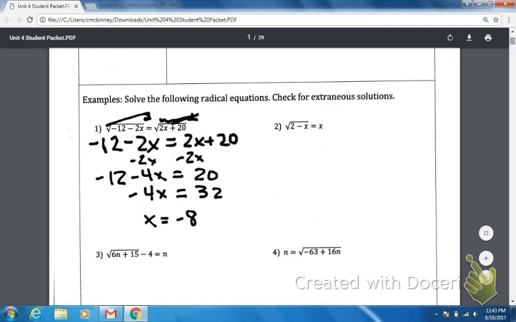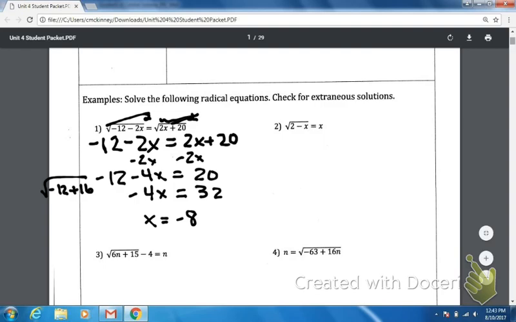Okay, now we need to check this. If we put negative 8 in for both equations, I'm going to try to do this off to the side because I, of course, left absolutely no room. Negative 12, and what is negative 8 times negative 2? Positive 16, right? That's under a radical.